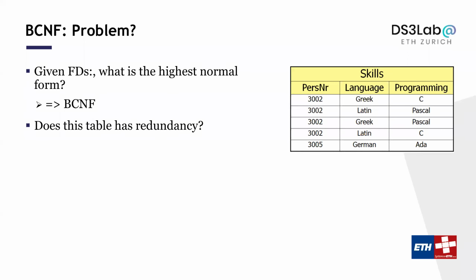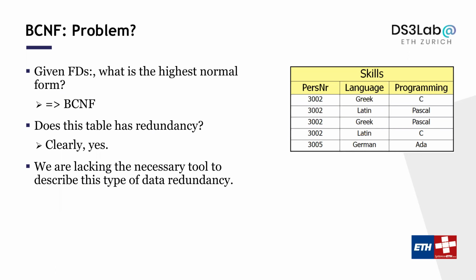But clearly, there are redundancies in the data. It means that BCNF doesn't get rid of all the data redundancies. So if you want to reason about data redundancy that goes beyond functional dependency, we need a different notion of dependencies to really describe that.